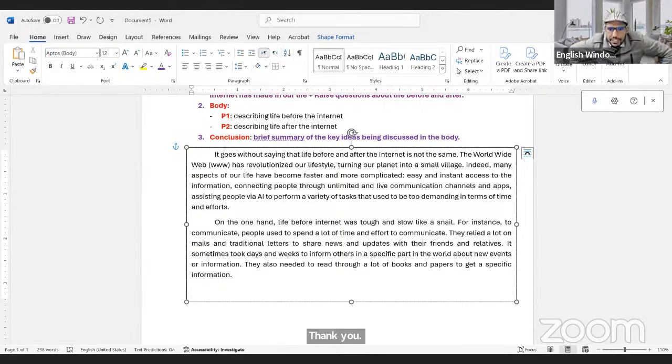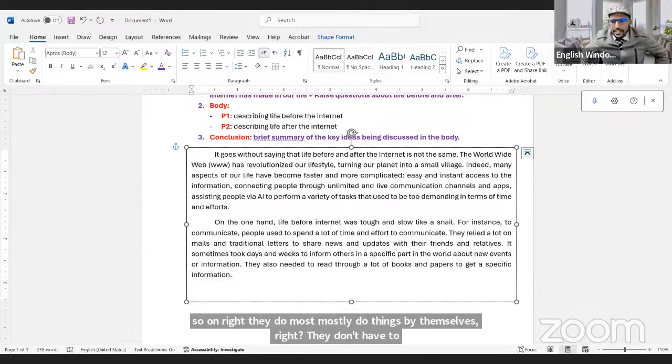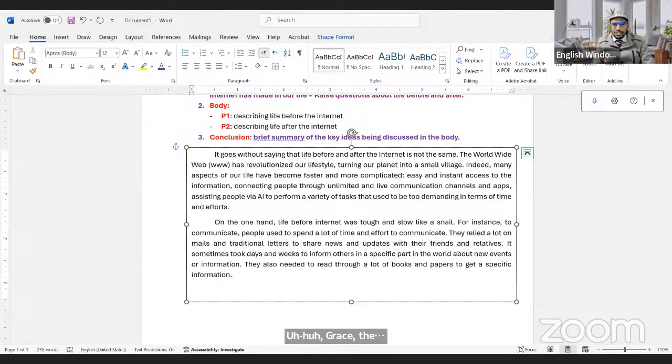There remains this point of performing certain tasks and so on. They mostly did things by themselves. They didn't have this great opportunity to use such technologies. They also had to do things by themselves. There were no robots, there was no AI.